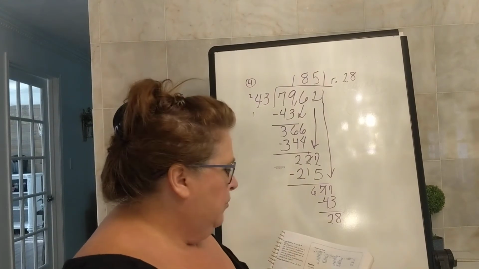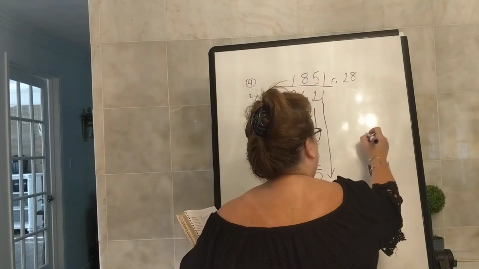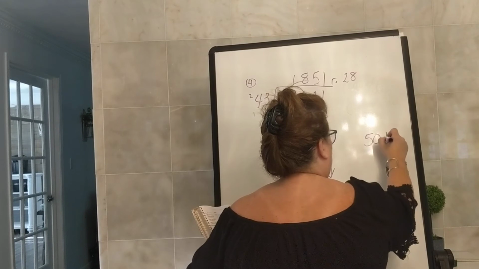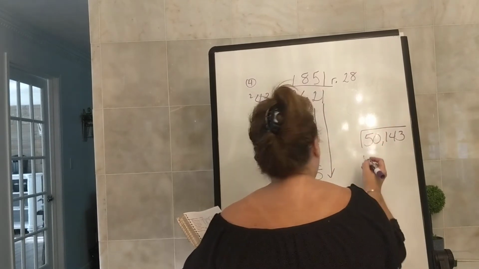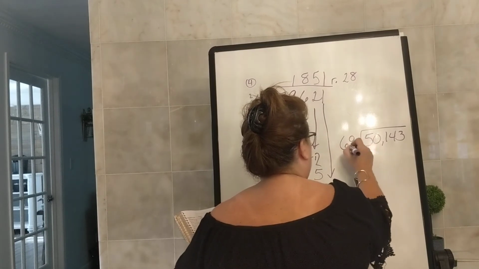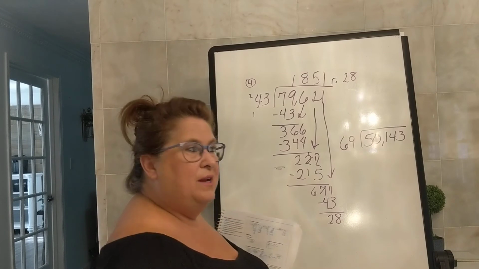In letter B, we have 50,143 divided by 69. In the number 69, what is our pretend divisor going to be?